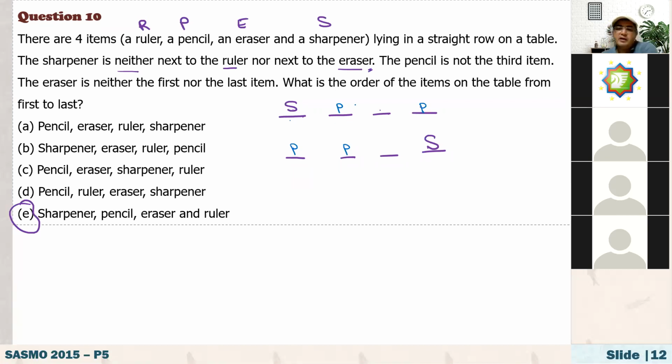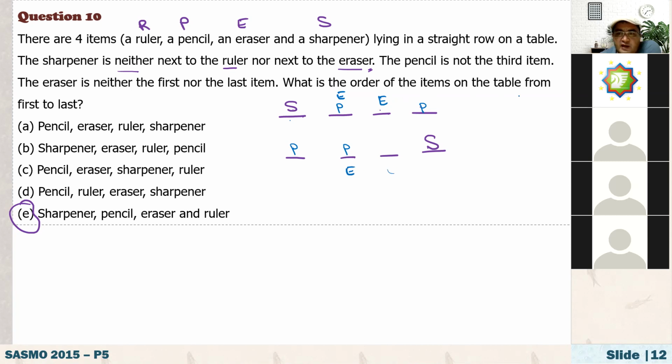Okay. So now the eraser is neither the first nor the last item. So that means that the eraser is not the first or the last. So the eraser is either here, in the second place, or here, in the third. In this case, it cannot be here, right?